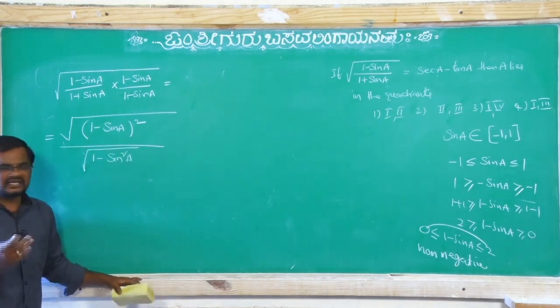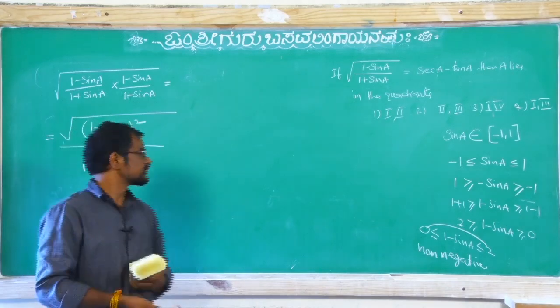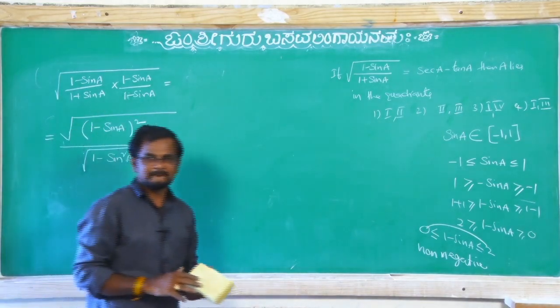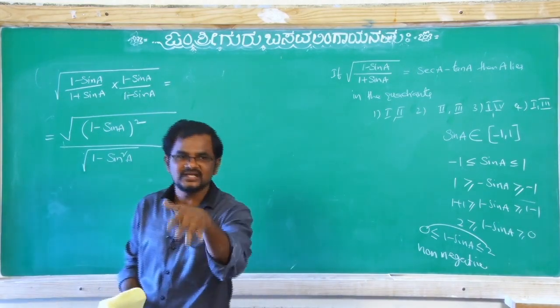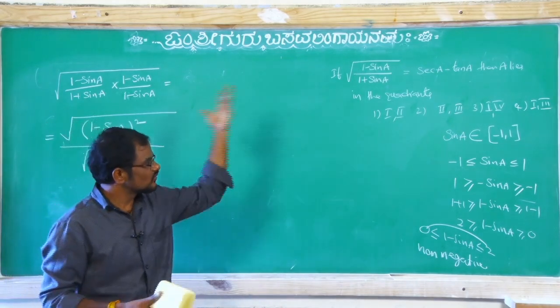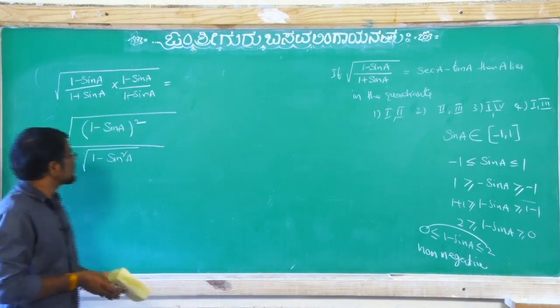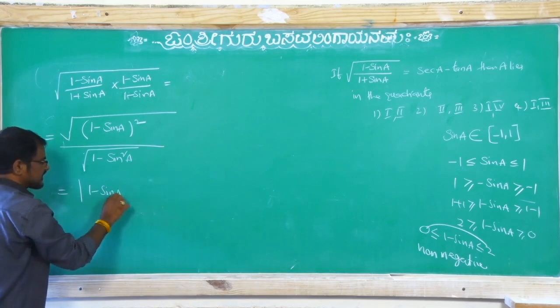We are not doing anything special, just moving according to the concept. Now the square root we can't simply cancel, because that depends on the quadrants, which they ask you about. If you cancel directly, you may get the wrong answer. So here you will get the modulus: modulus of 1 minus sin A. Clear?